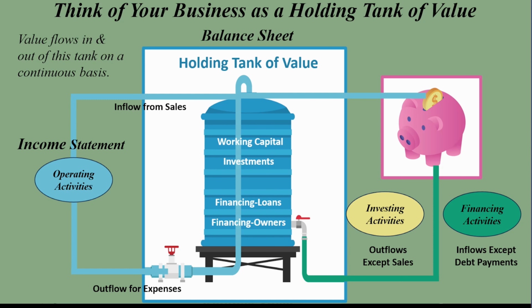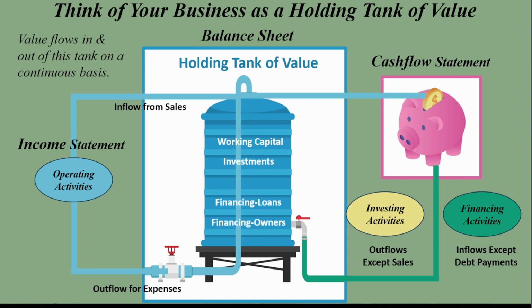This is the balance sheet. This is the holding tank of value. Value due to working capital, due to investments you own. Value that is created by loans and created by financing from owners.